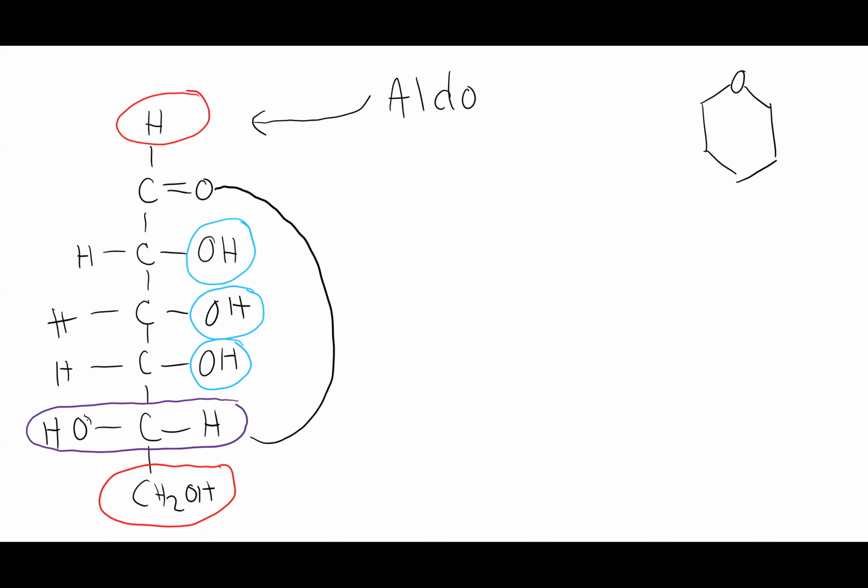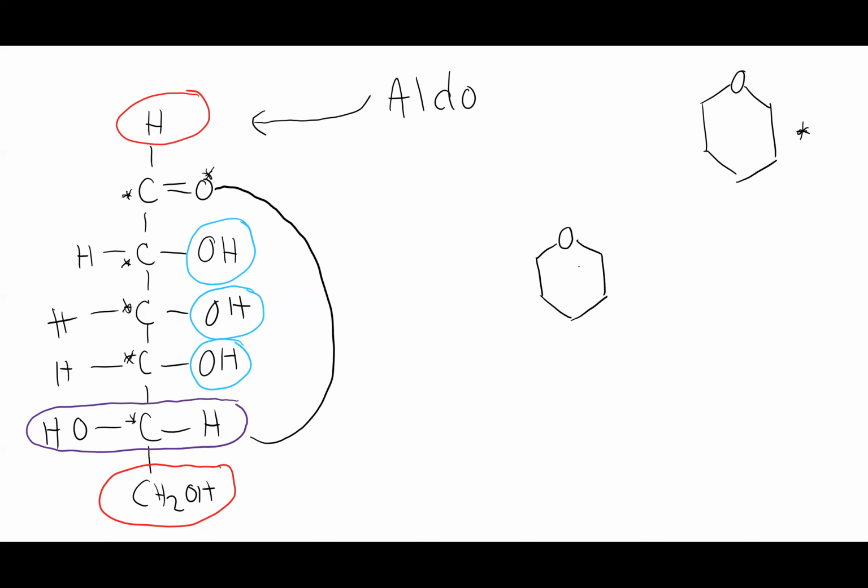Do remember, though, that this is the oxygen that becomes integrated in the ring, and this oxygen forms our new OH group. So we have 1, 2, 3, 4, 5, and then our oxygen, 6 parts of this ring. So yet again, it's going to look like this. It's a 6-membered ring with an oxygen.